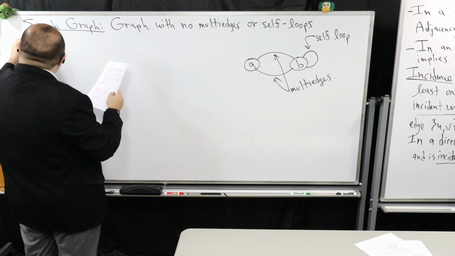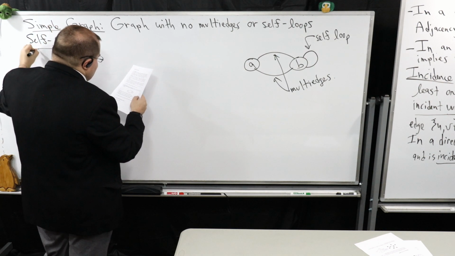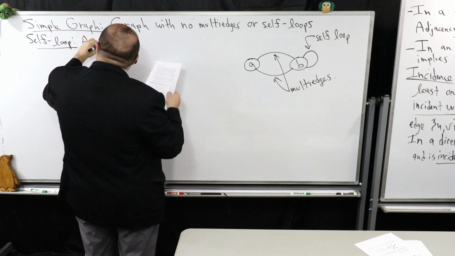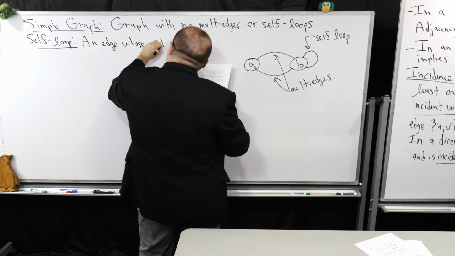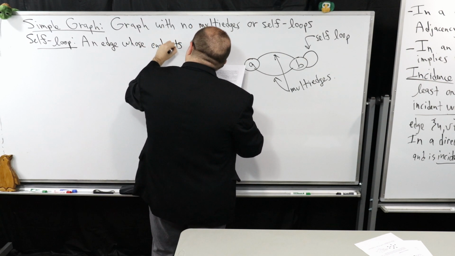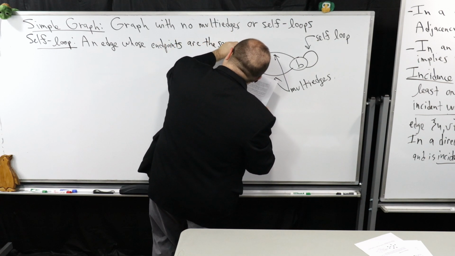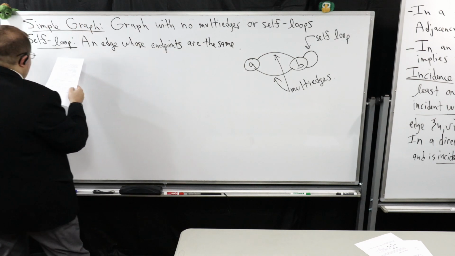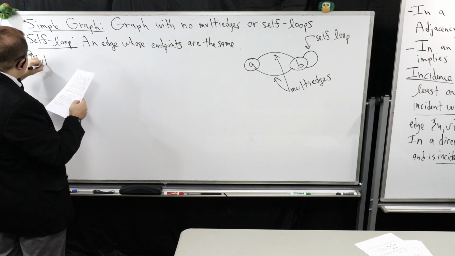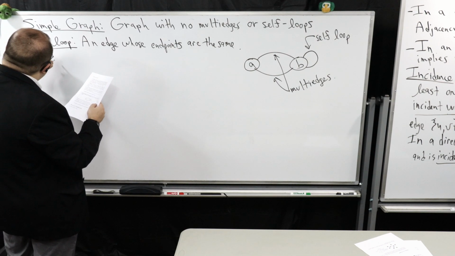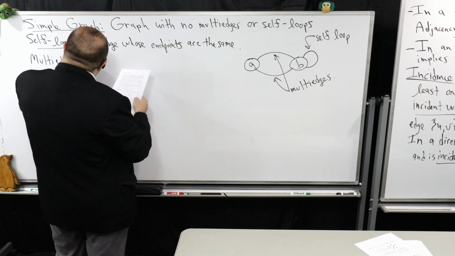Just to be clear, a self-loop is an edge whose endpoints are the same. And of course, multi-edges, sometimes people call these parallel edges. That's also okay. Multi-edges or parallel edges.